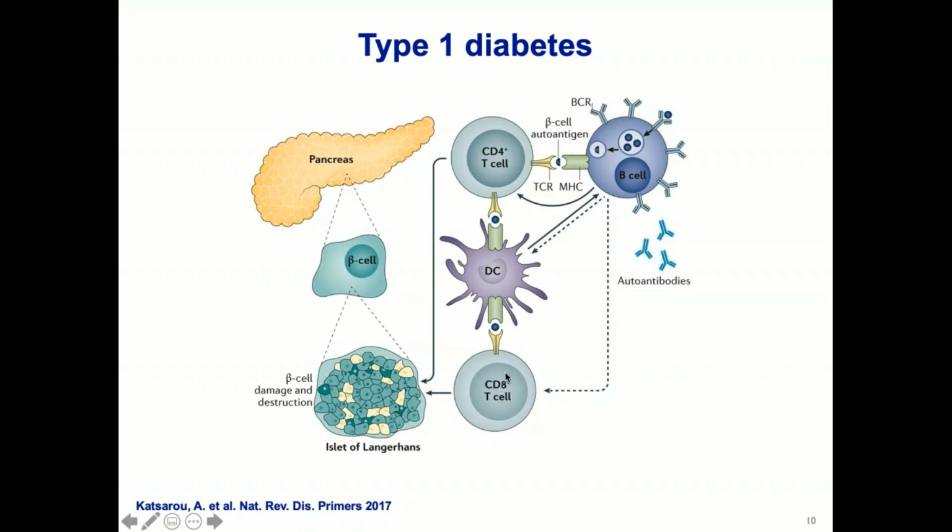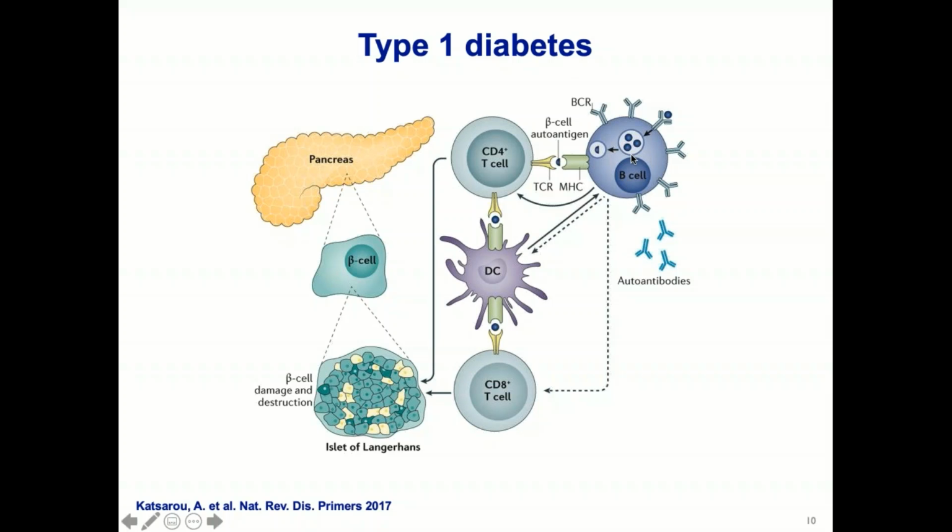Some of the key cells known to interact with each other are the CD4 T helper cells and the CD8 killer cells. These will go together with the dendritic cells and destroy the beta cells, thereby leading to beta cell dysfunction.